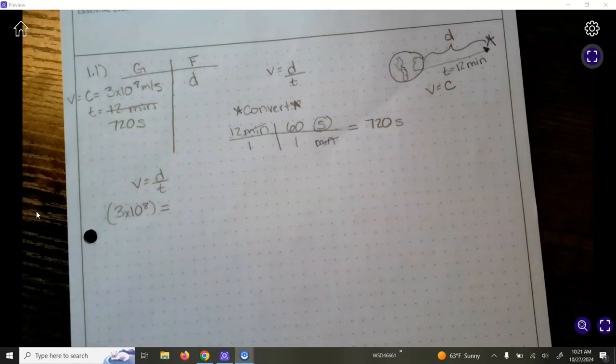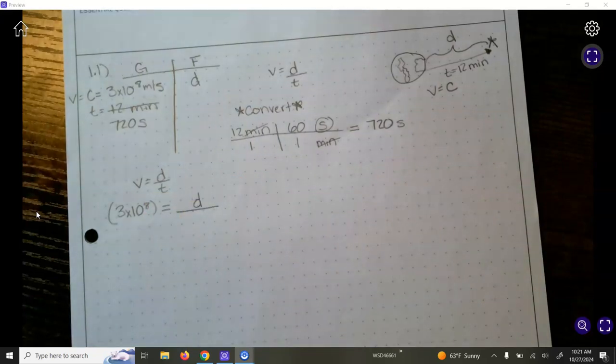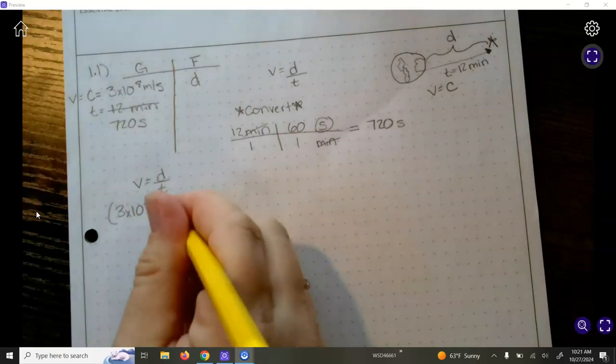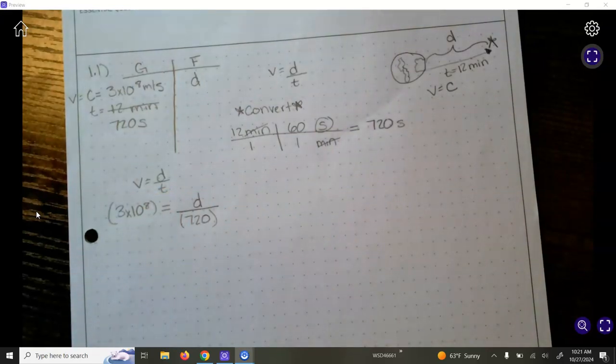What do I substitute in for D? Remember, D is what we're solving for. So we're going to leave it as the variable D because that's our unknown. And then lastly, what do I plug in for T? Yep, 720 seconds. That's my time. Now, here's the question.